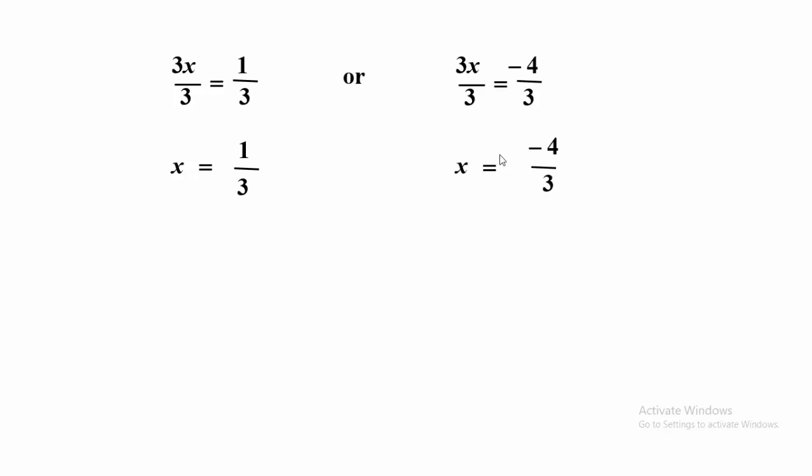When 3x is equal to 1, we divide both sides by 3. When you divide both sides by 3, we have x is equal to 1 over 3. Or when 3x is equal to minus 4, we divide both sides by 3. We have x is equal to minus 4 over 3. Either x is equal to 1 over 3 or x is equal to minus 1 whole number 1 over 3. These are the solution of the quadratic equation.